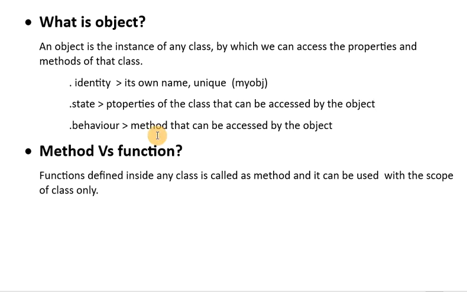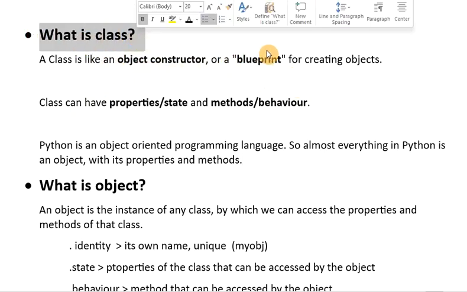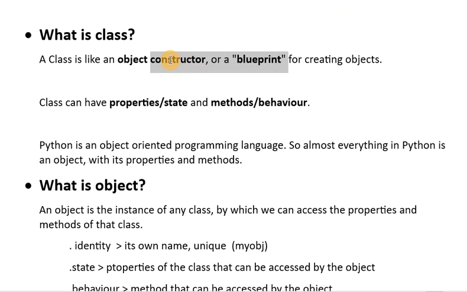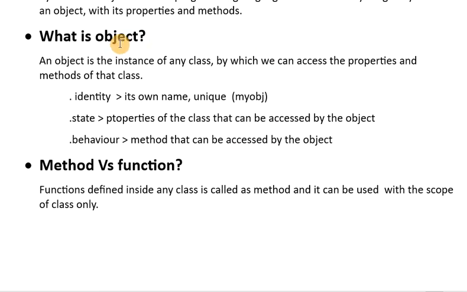So these three things we have to understand about the object. My belief is that till now we have understood why the class is called the blueprint or constructor of objects, and what this object can have. One object can have three things only. The first is identity, that is its name.